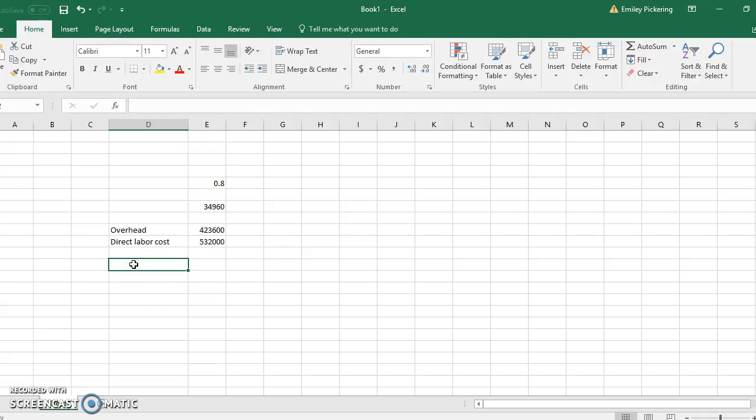In this case, our actual overhead was 423,600. Our applied was 425,600, and I got that by taking our 532,000 dollars of direct labor cost times 0.8.